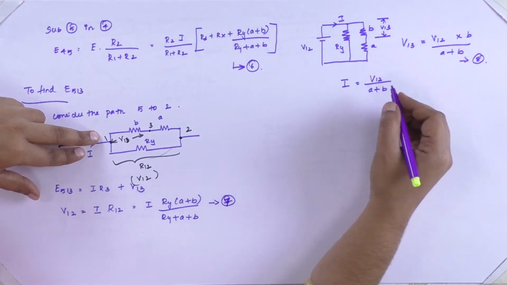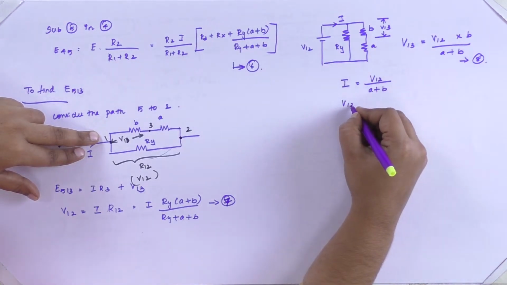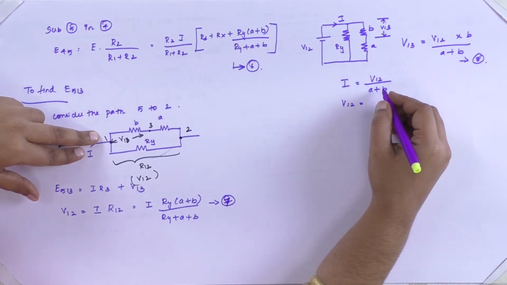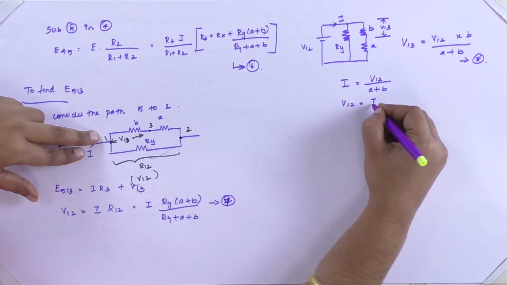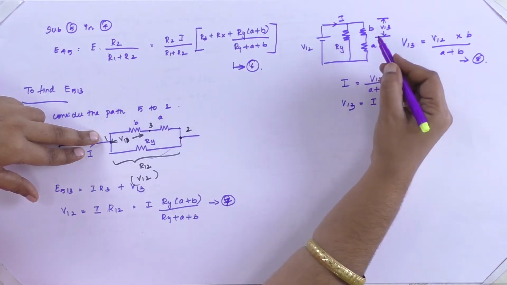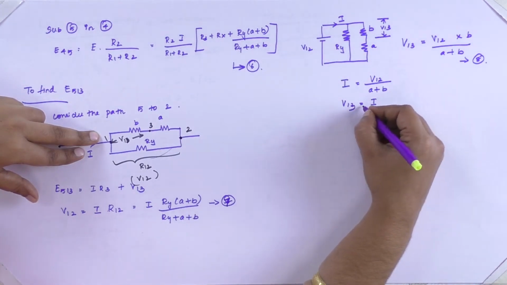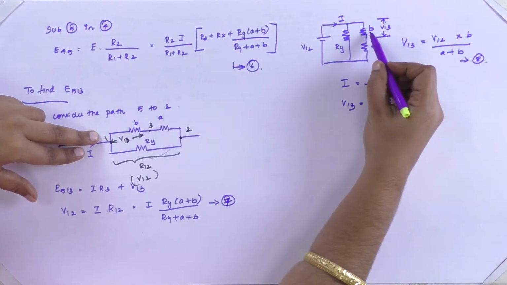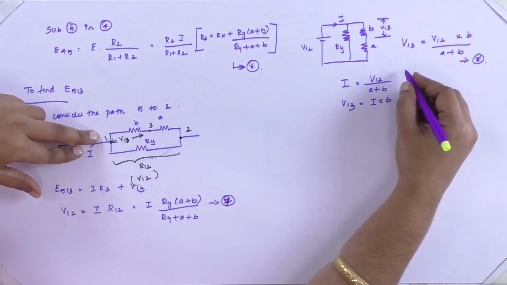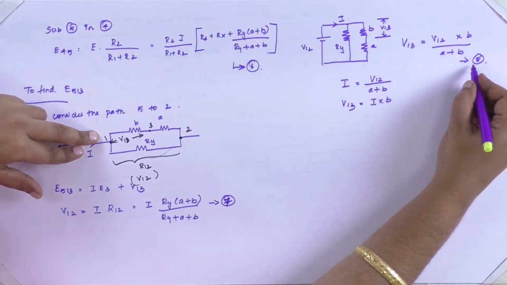The value of V13 will be the drop across the resistor B, so V13 will be equal to I into B, the current through the resistor B. So, the value of V13 is equal to I into B. Now, substitute, taking this as equation number 8.